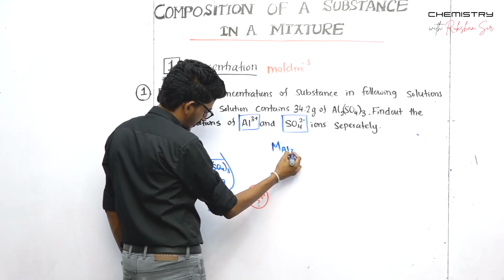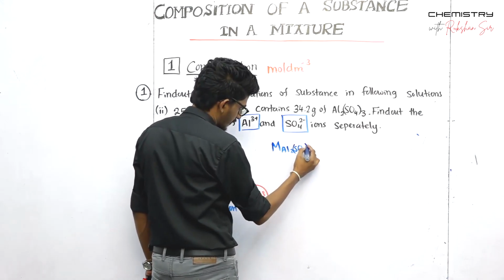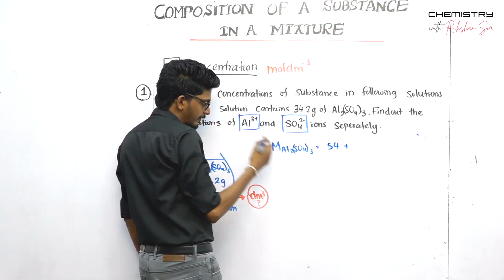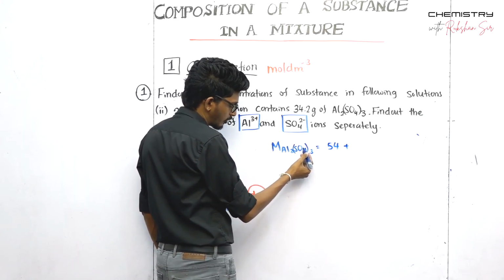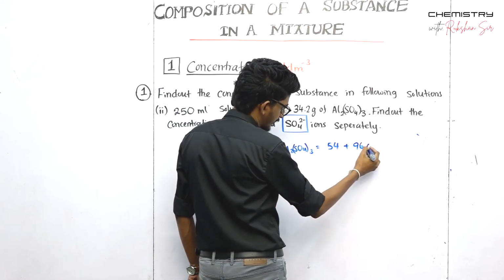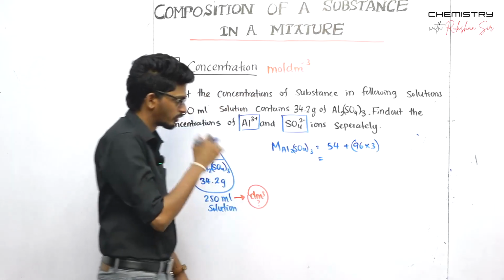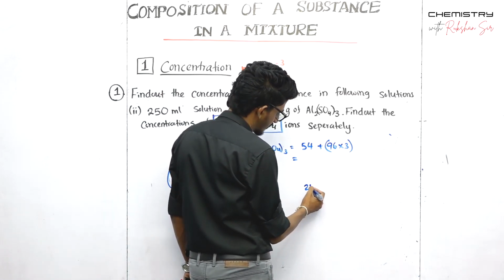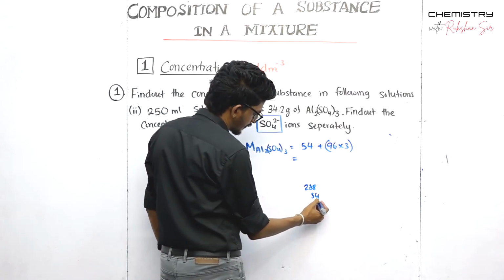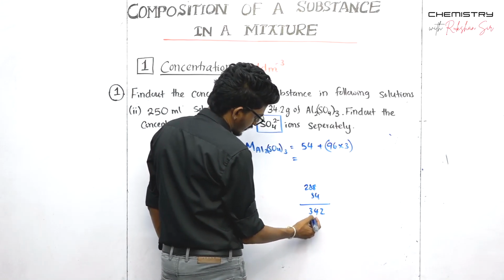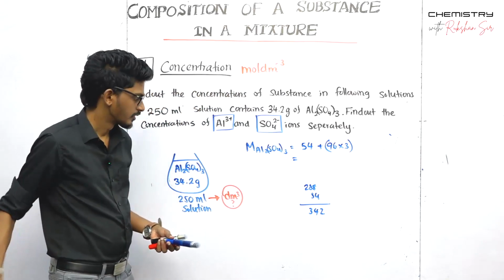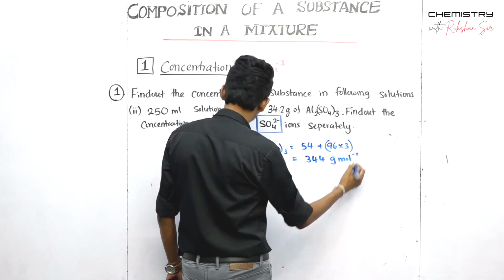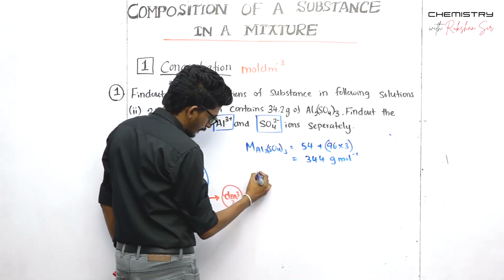First come up with the molar weight of aluminum sulfate. You have 27 times 2, that is 54, plus 32, 64 and 96 into 3. 96 into 3 is actually 288, and 54 plus that is 342 g mol⁻¹. So we can come up with the moles of aluminum sulfate.